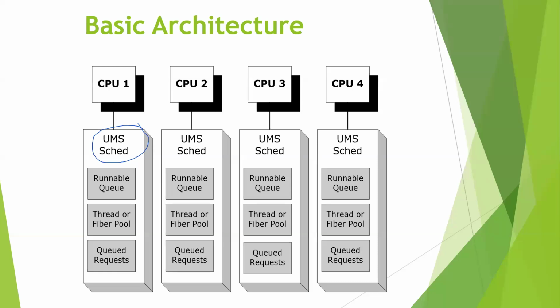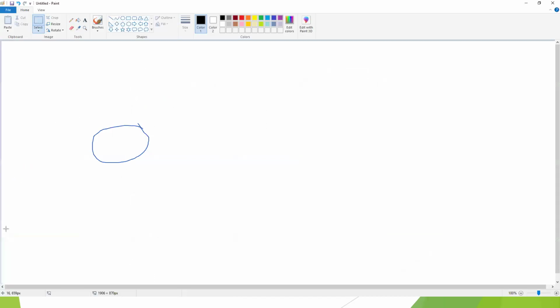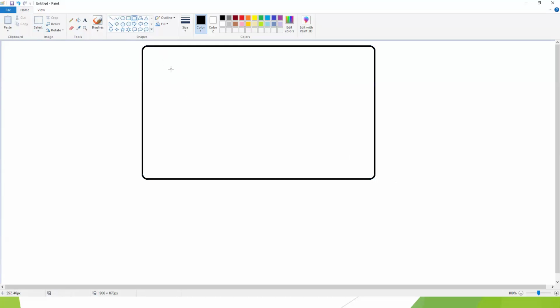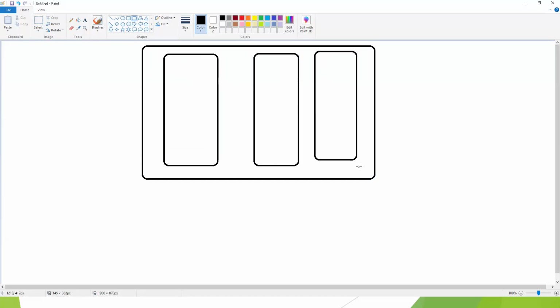Third, suppose the yield point is met and it should come out of the CPU. Let's say this is your SQL. Here it is your CPU. Here it is another CPU.